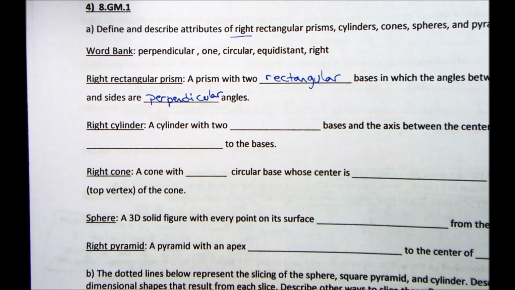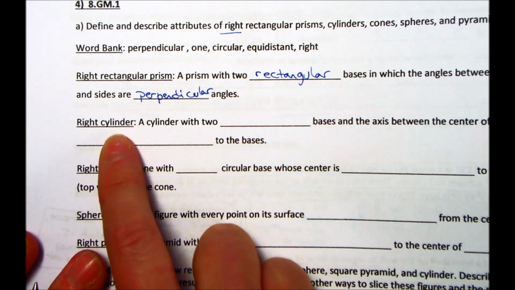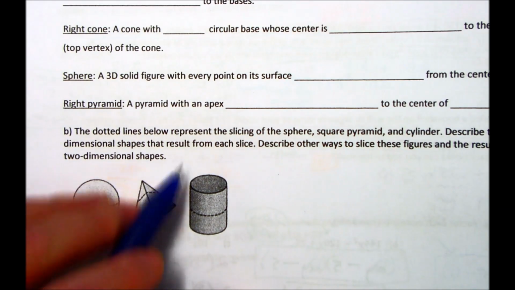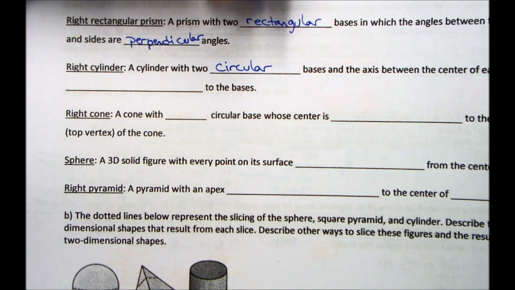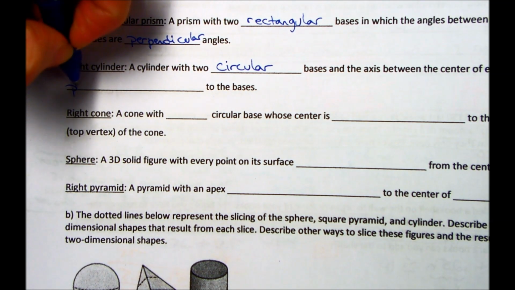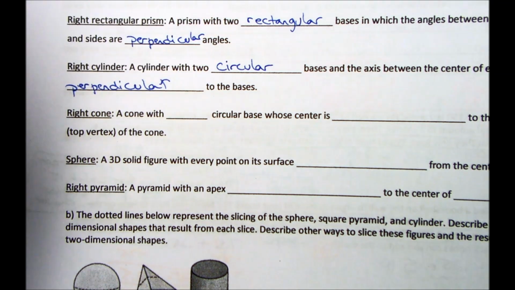So again, the easiest way to think of a right rectangular prism is a box. Think of a shoe box. That is a right rectangular prism. So the next word is a right cylinder. Think of a cylinder like a soup can. You're going to have circles at the top and the bottom. So there are two circular bases, and the axis between the center of each base is perpendicular to the bases.